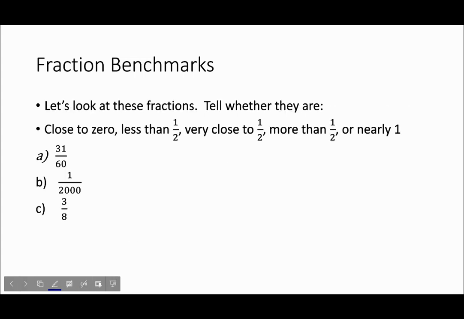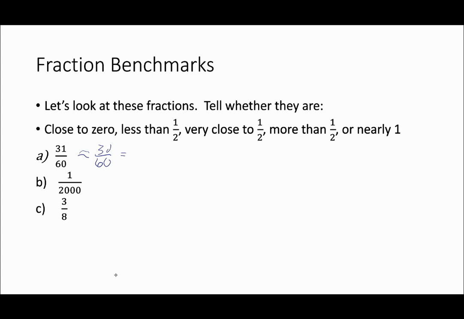So where does this come into play? Well, actually, let's do some more examples. Okay, so let's look at these fractions. Are they close to 0, less than a half, very close to a half, more than a half, or nearly 1? Well, 31 is super close to 30, so I could say that this is approximately 30 over 60.